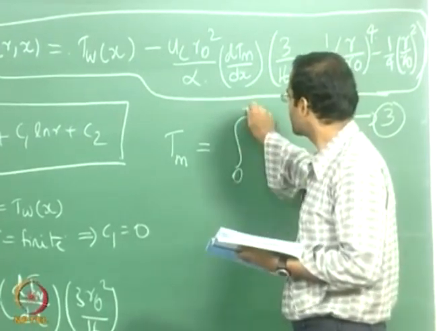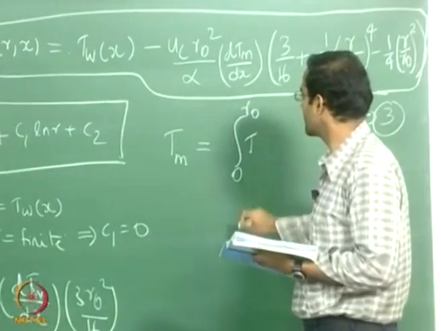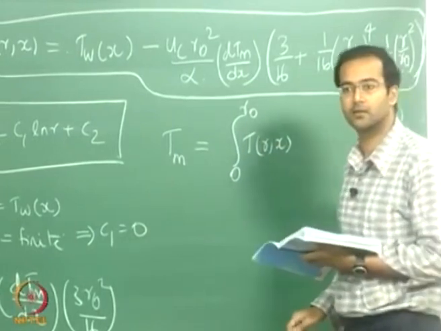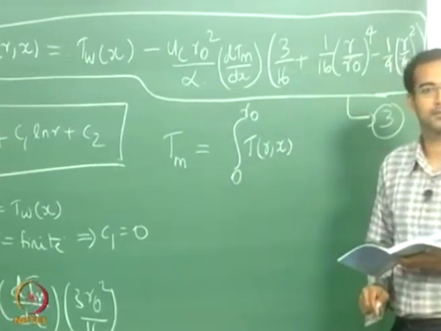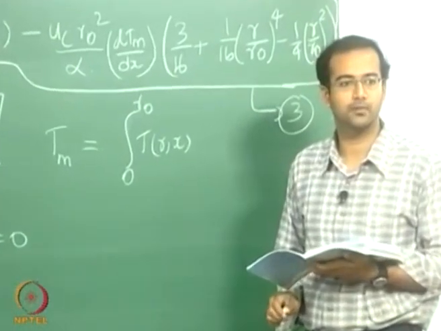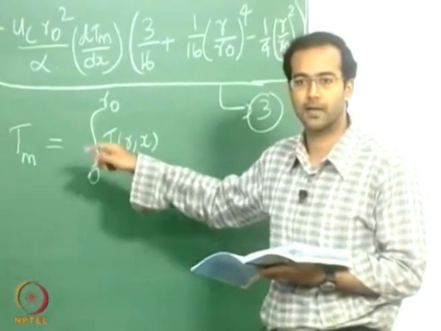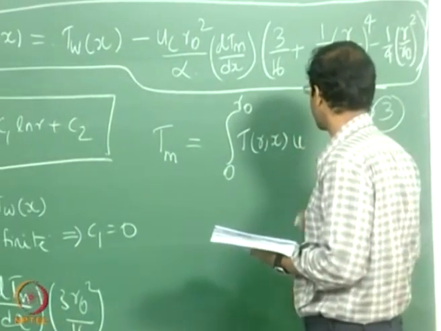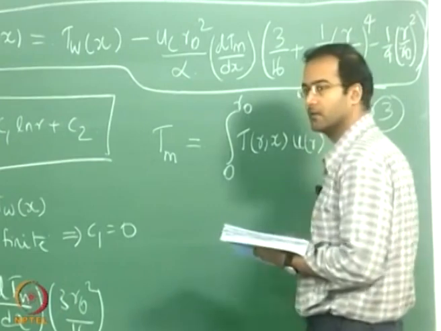0 to r naught, T into, so what is the mass? Rho into A into U. In the numerator and denominator the rho can cancel off, so you have U, and of course U is a function of only r.